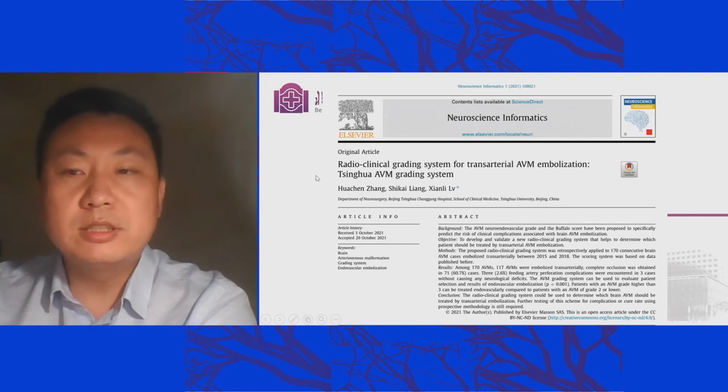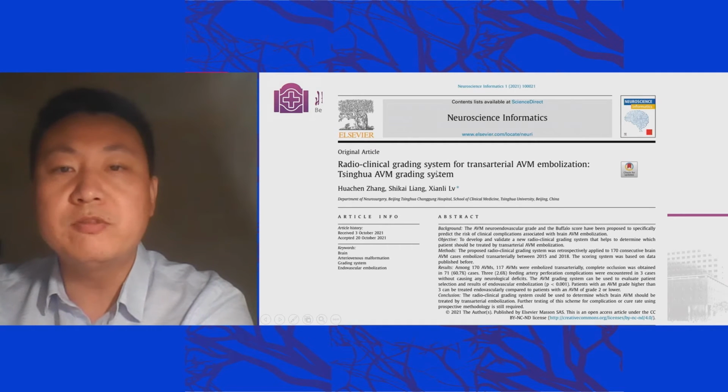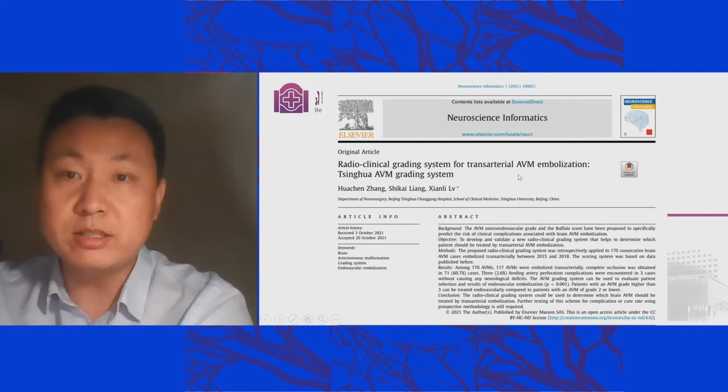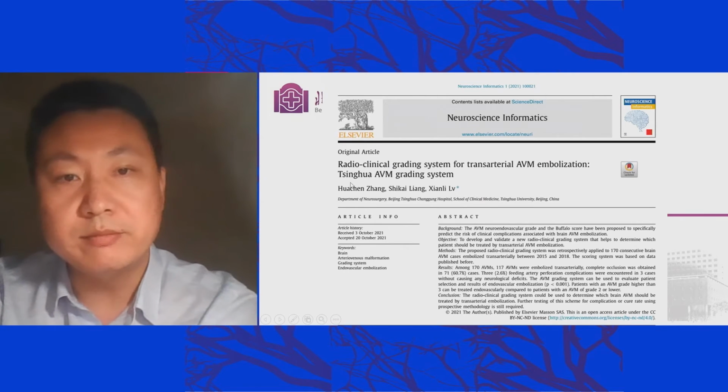We have provided a radio-clinical grading system for transarterial AVM embolization. I call it the Tsinghua AVM grading system.